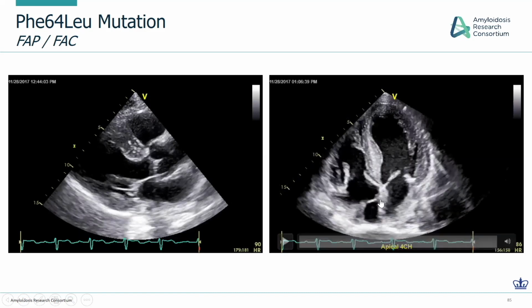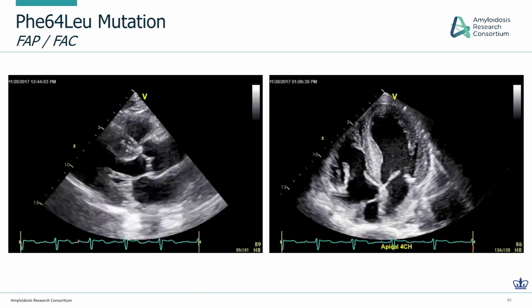Increased interatrial septal thickening. This is an echo that is strongly suspicious, if not diagnostic in this setting, for cardiac involvement. So this particular patient, despite having a negative PYP scan, your suspicion for cardiac amyloid should be quite high.